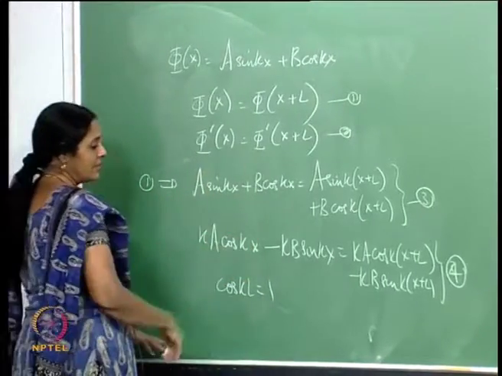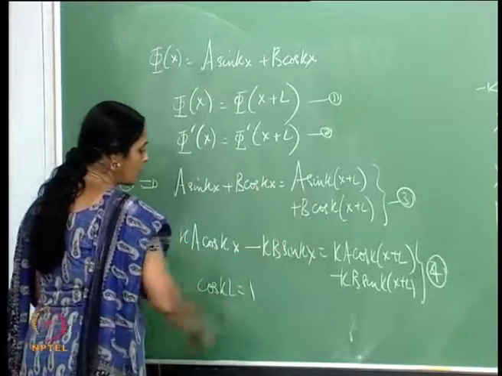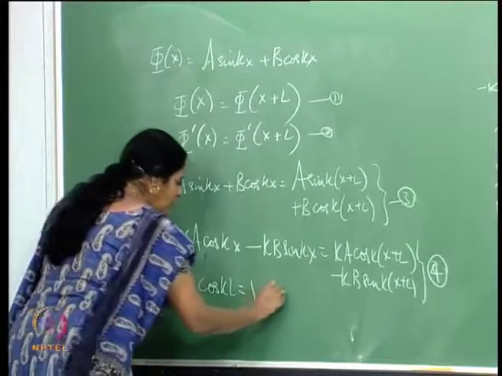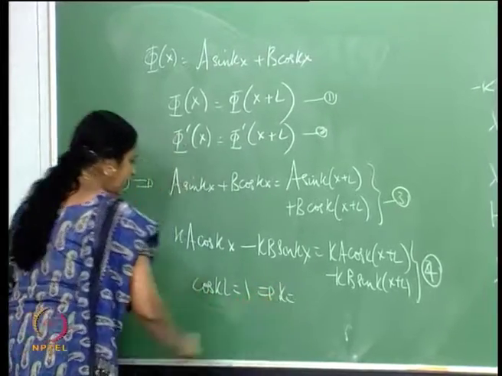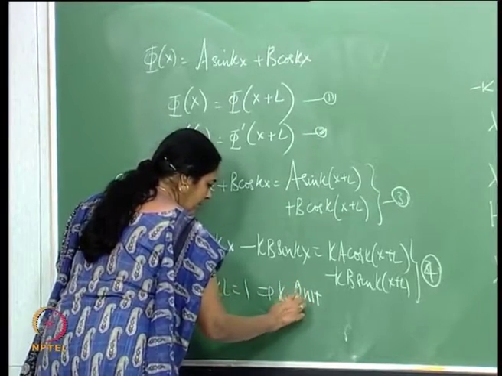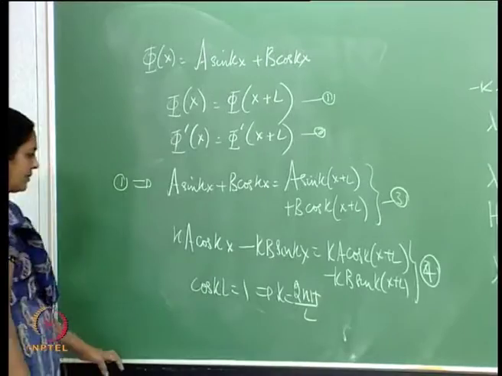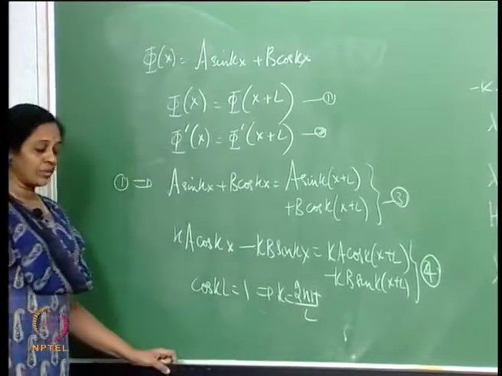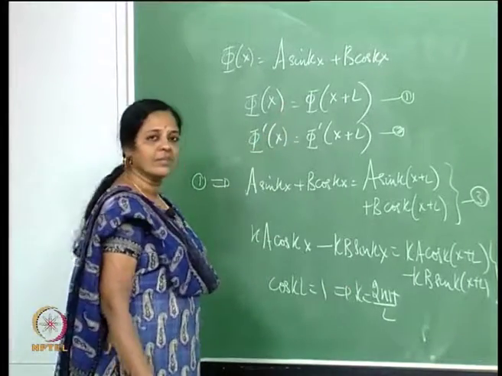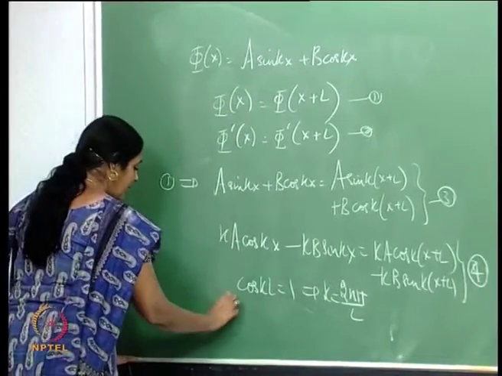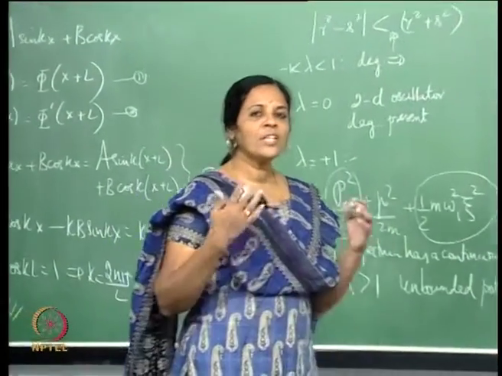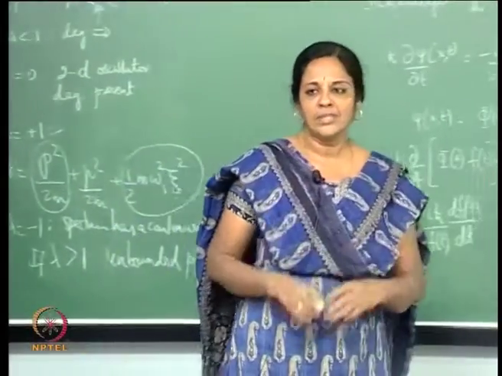You want to solve for a and b, and you have these two conditions, and that tells me that cos kL is equal to 1, which implies that k is 2n pi by L. n can take values 0, 1, 2, 3 and so on. But now, if I substitute that back there, I will find that I can at best get a by b. I will not be in a position to determine a and b separately.